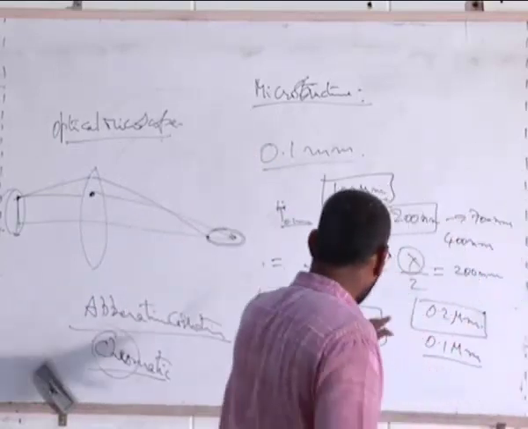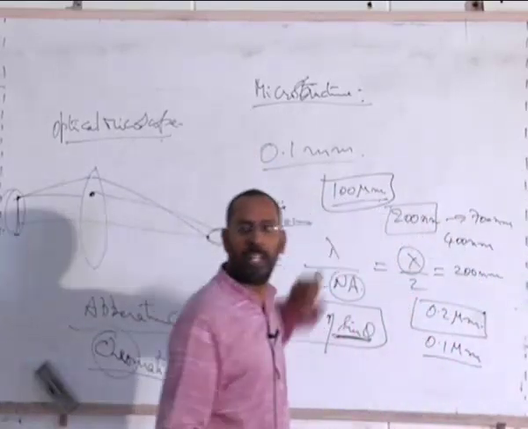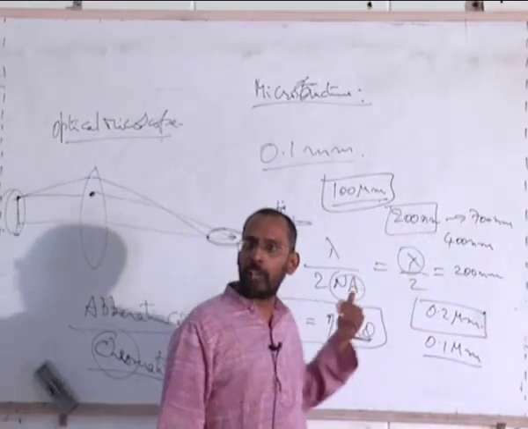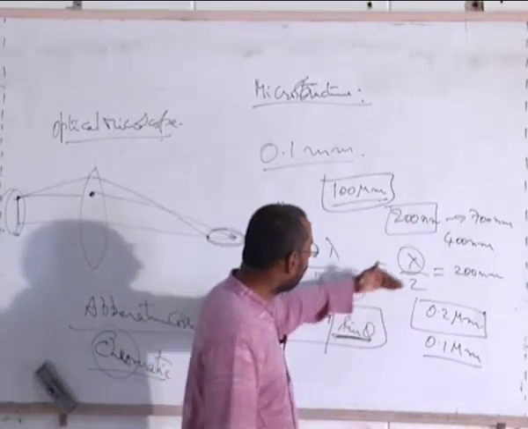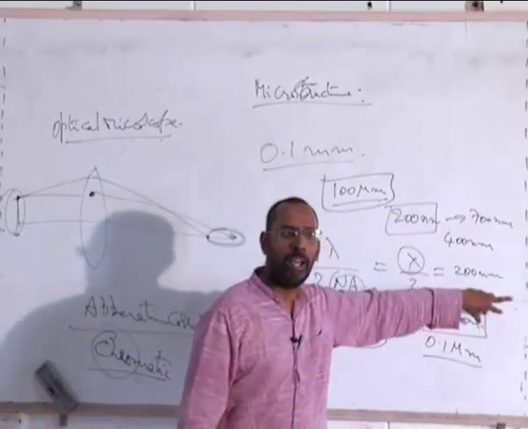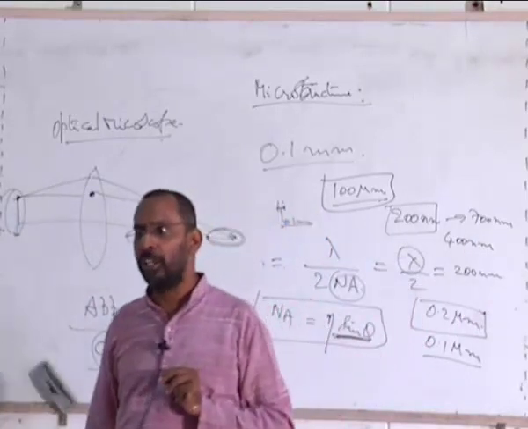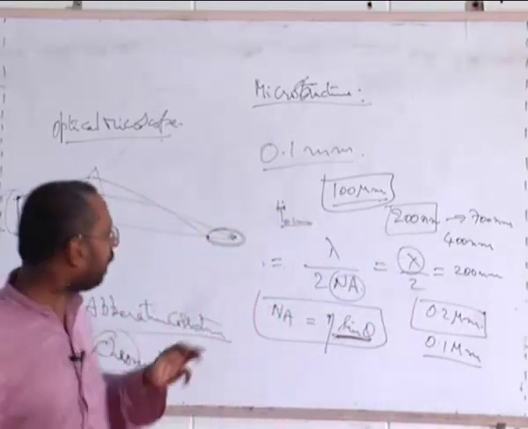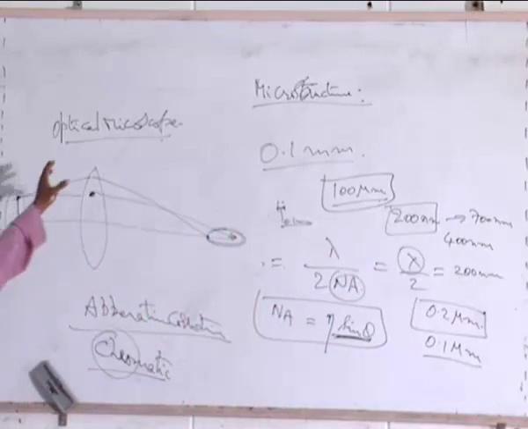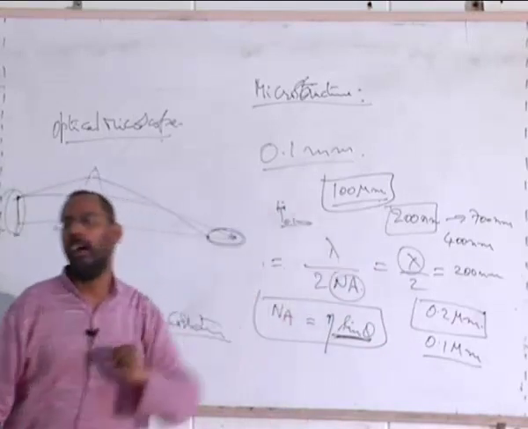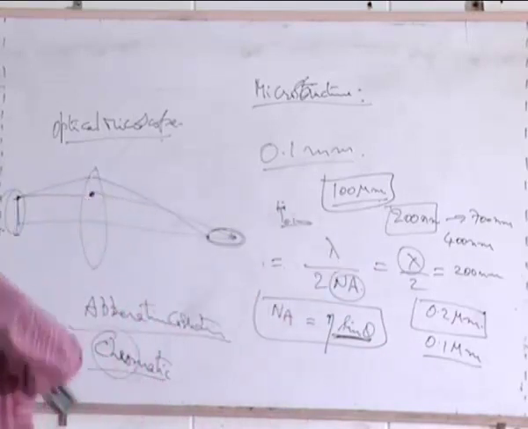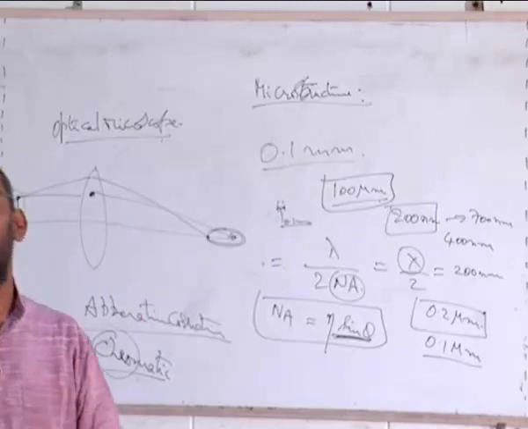Why? Because I am using a blue filter or something like that, which can have a smaller wavelength. As a result, lambda by 2 will be smaller. I get a better resolution. But also because it can focus all the rays up to one single point. As a result, chromatic aberration can be corrected.